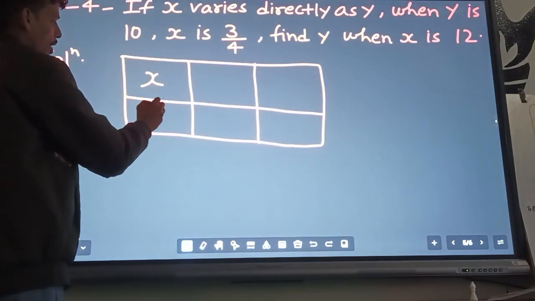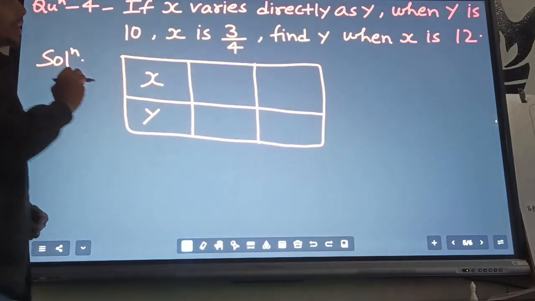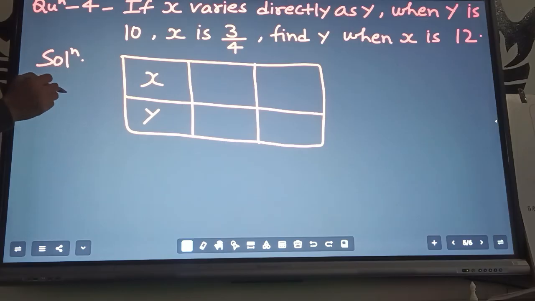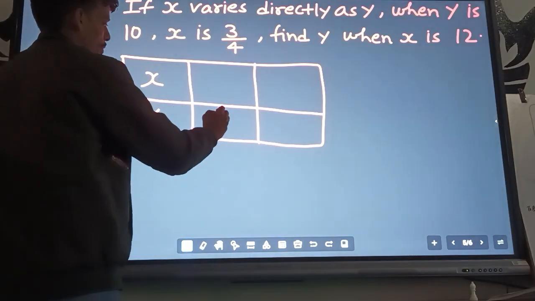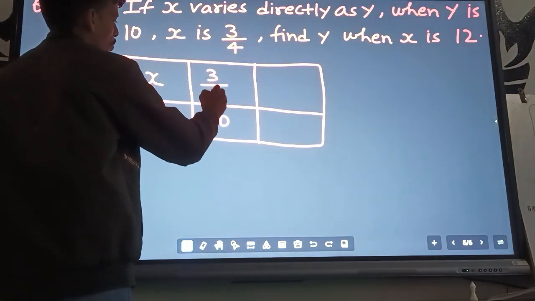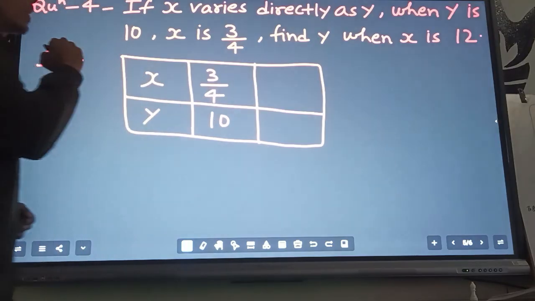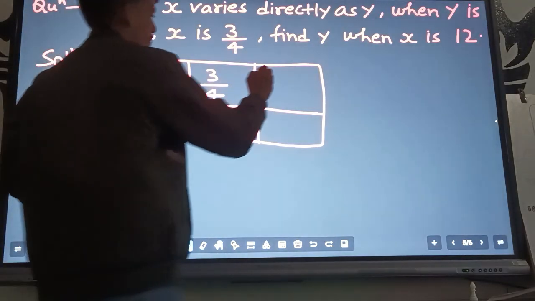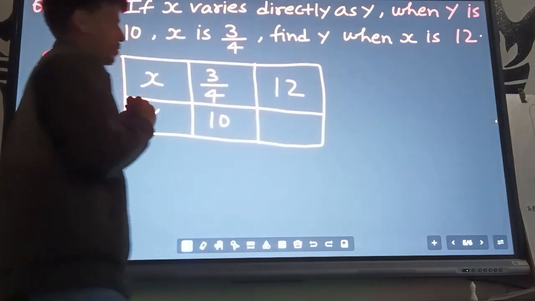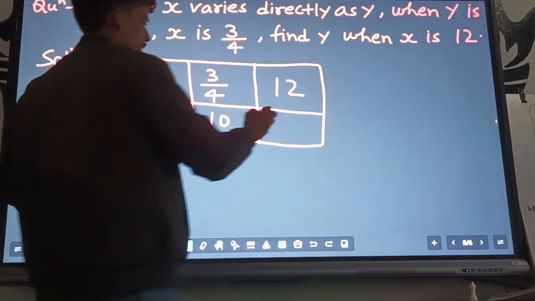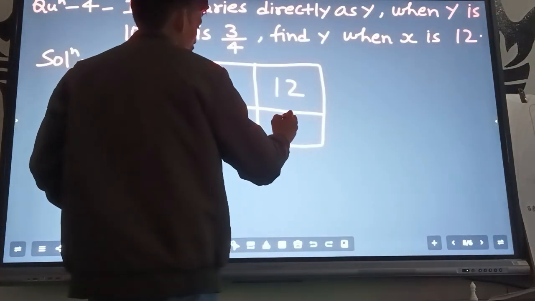Here we will write x and here y. X varies directly as y and y is 10, x is 3 by 4. Find y when x is 12.